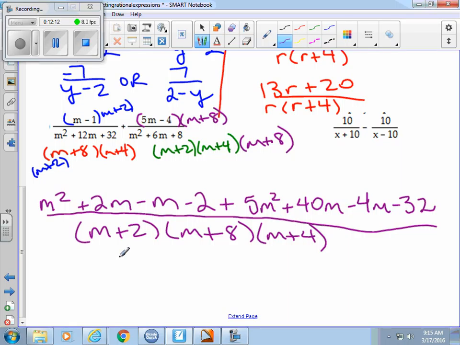What do I get when I combine like terms together? 6m squared, because of the m squared and the 5m squared. And then the m's, the 2m minus m, which is 1m, plus 40m, which is 41m, minus 4m, 37m.